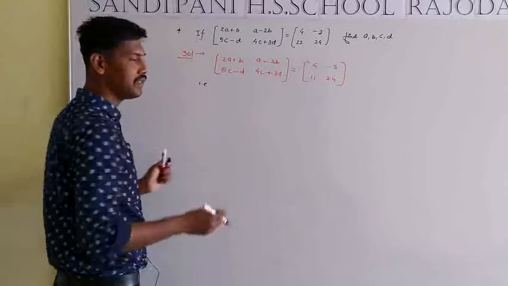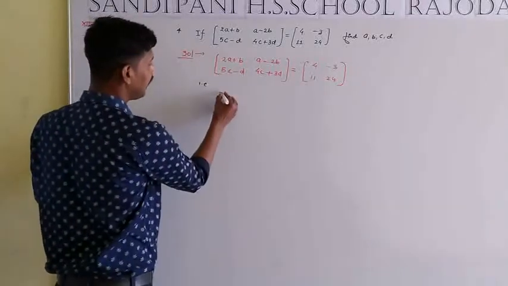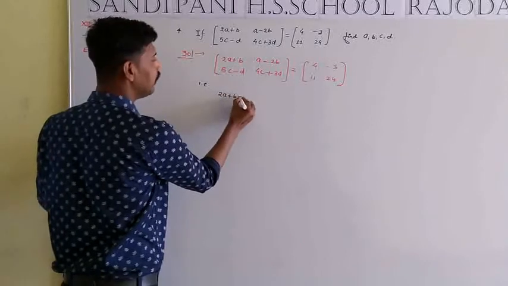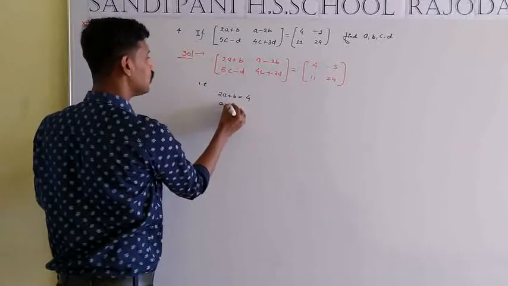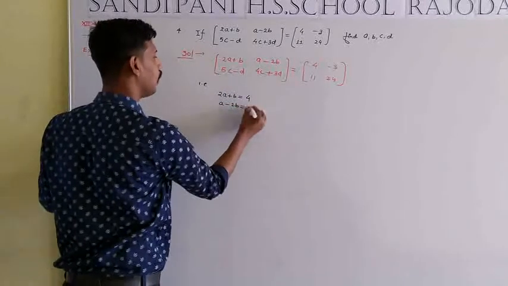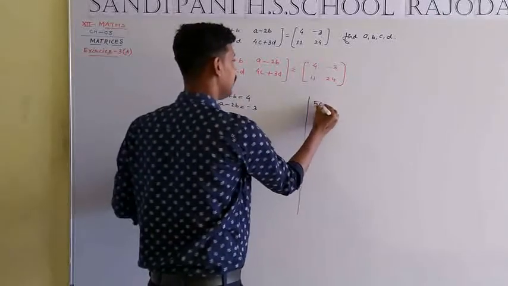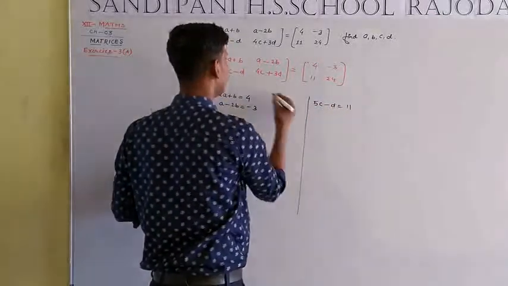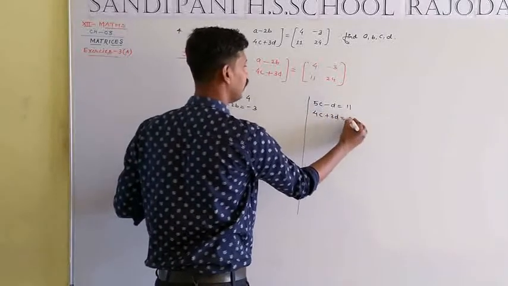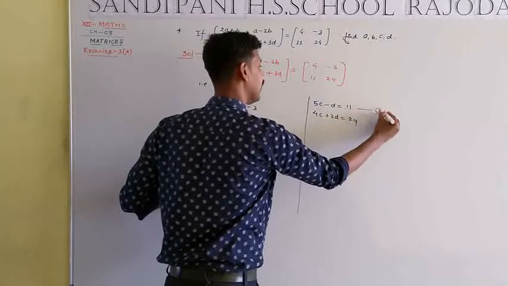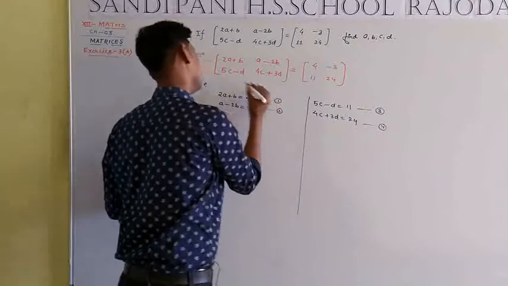After the comparison we get 2a plus b equal to 4 and a minus 2b equal to minus 3, as well as 5c minus d equal to 11 and 4c plus 3d equal to 24. Equation number first, second, third, fourth.